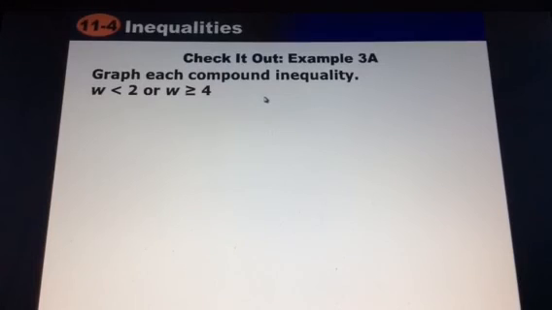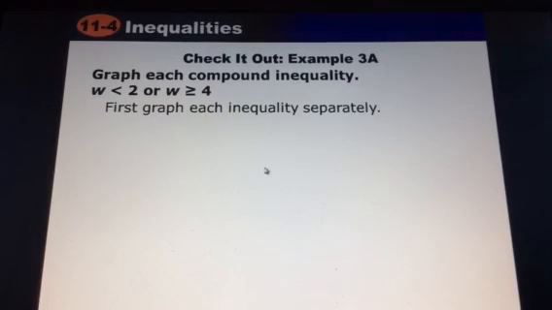Alright, so now that is all that's on your paper, but I thought, well, let's look at two more just to help you out here. You don't have to write these down. But now we have w is less than 2 or w is greater than or equal to 4. Notice this is everything to the left of 2, this is everything to the right of 4, so between 2 and 4 there's part that's not included. So let's look and see what's not included.